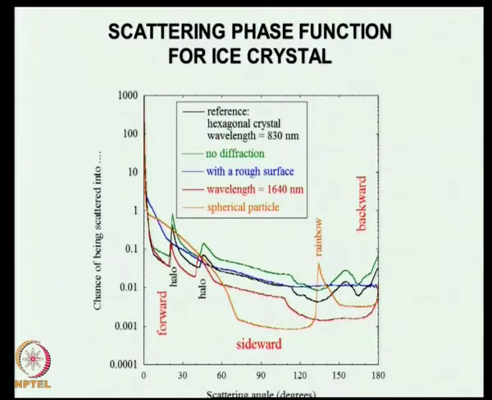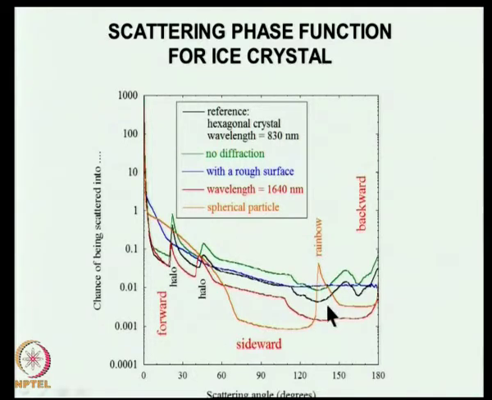Now, here is a picture of scattering, probably scattering intensity versus scattering angle for a hexagonal crystal at a wavelength of 830 nanometer, 0.8 micron. You can see that the variation of scattering intensity with scattering angle has only a few features in the front, around 22 degrees and a slightly larger angle here, 44.